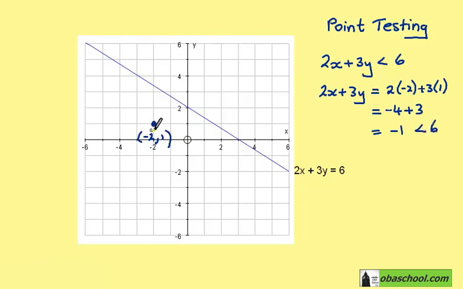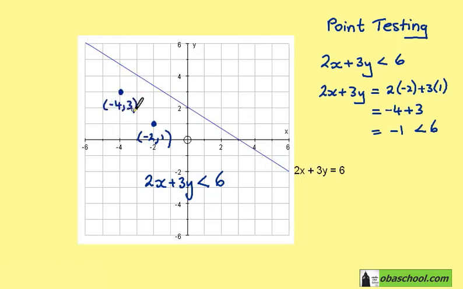It follows that the region on the same side of this point must be the region 2x plus 3y is less than 6. Any point in this side will satisfy the inequality.